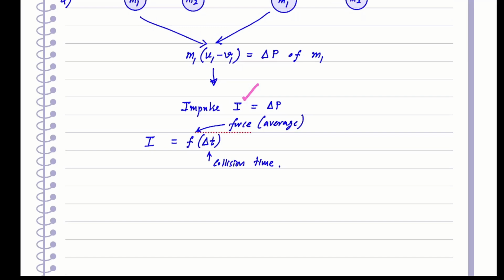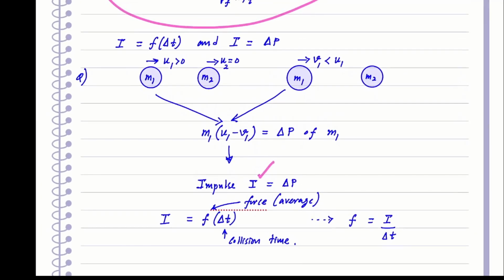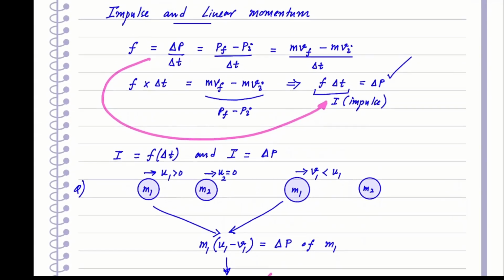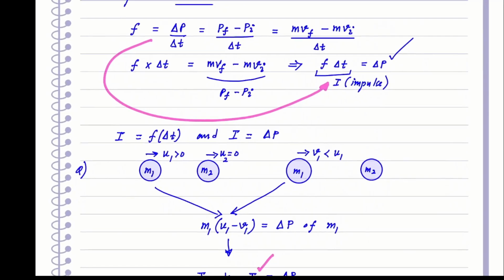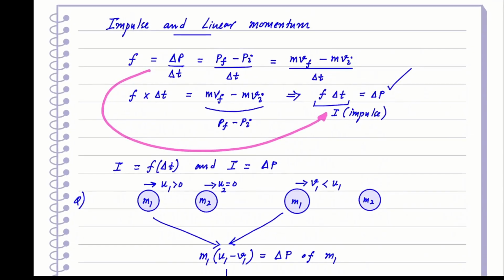If the collision time is given to you, and in some questions they will give you the collision time, you can find the force to be impulse divided by delta t. So this construction you must master. This is the definition of impulse. Linear momentum we discussed last week as well, that is mv, right?